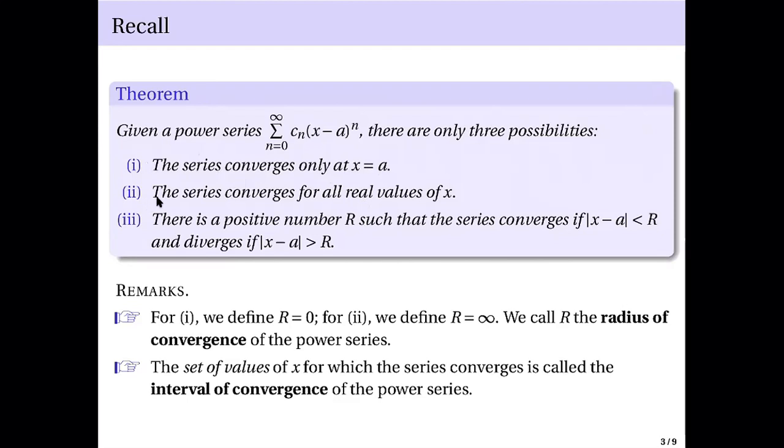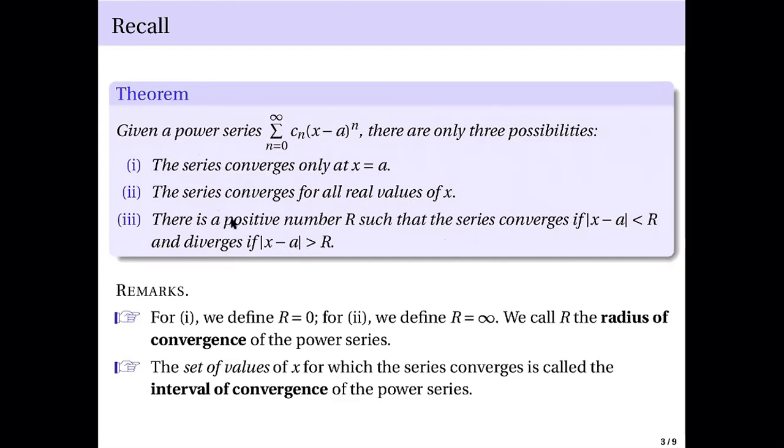And then second, the series converges for all real values of x. And the third, there is a positive number r such that the series converges if the absolute value of x minus a is less than r, and the series diverges if the absolute value of x minus a is greater than r.